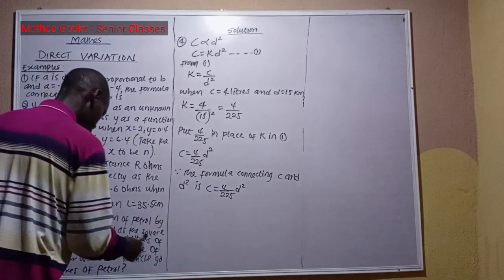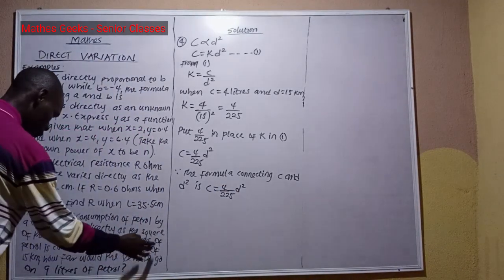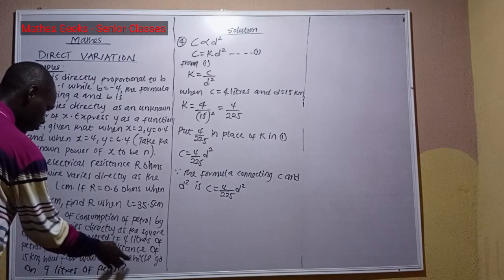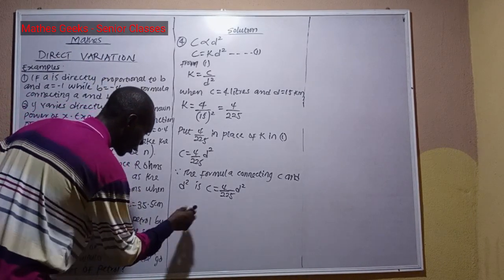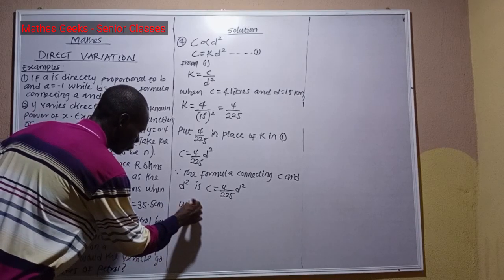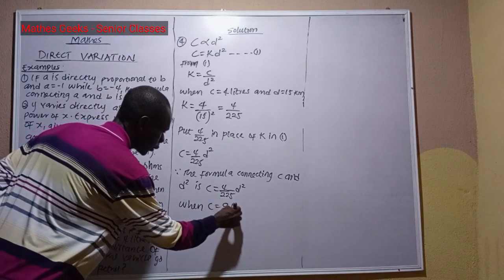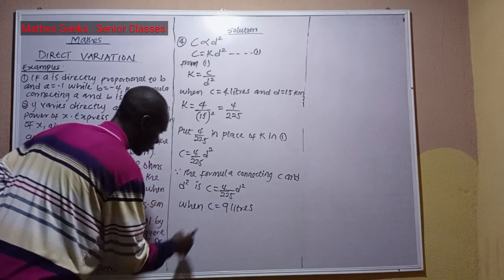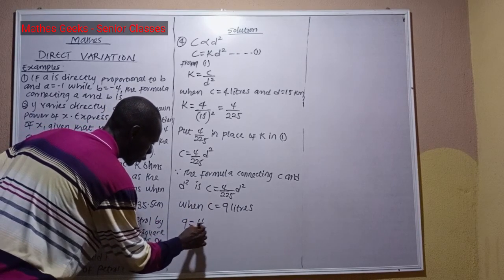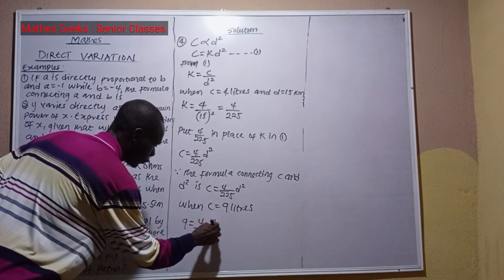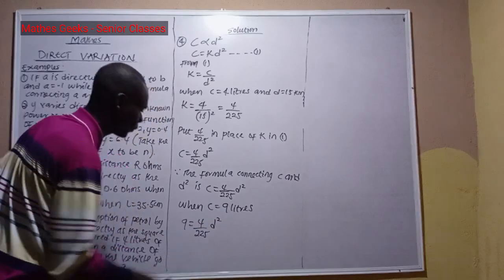The next is, how far would the vehicle go on 9 liters of petrol? So we say when C equals 9 liters, D will be: 9 is equal to 4 over 225 D squared.